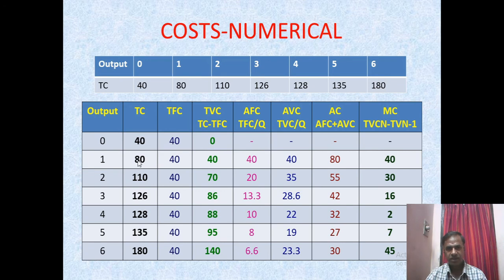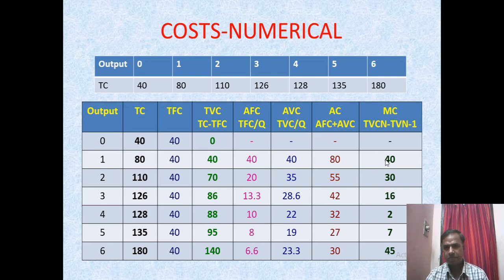You see here, 80 divided by 1, 110 divided by 2, 126 divided by 3. So, AC can be calculated in two ways. One way is adding AFC and AVC. Another way is total cost divided by the output, which is equal to AC or ATC. AC is U-shaped, we studied. First it decreases, then afterwards it will increase.